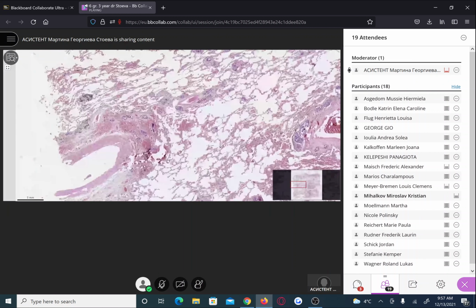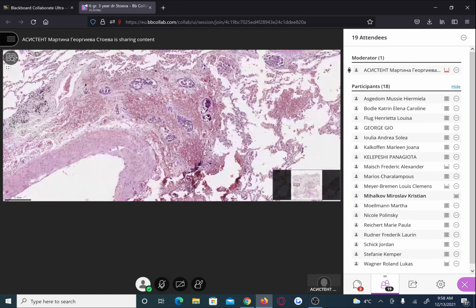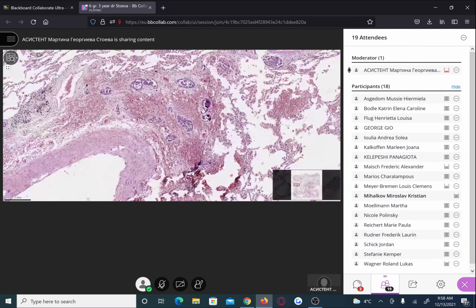But don't forget that presence of tumor emboli does not mean that there is metastasis, because while the tumor cells are still within the blood vessels or lymphatic vessels, this is only tumor embolus. It will be metastasis if these tumor cells leave the blood vessels or lymphatic vessels in a new place, like here. These tumor cells may leave the vessels in the lung parenchyma, starting to proliferate and forming a secondary mass.